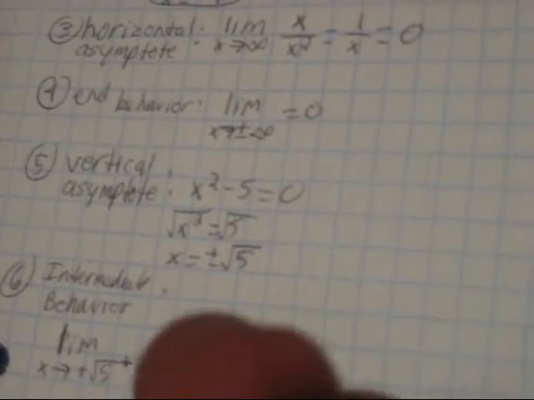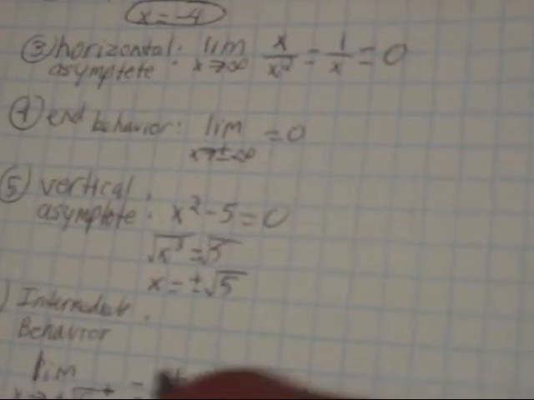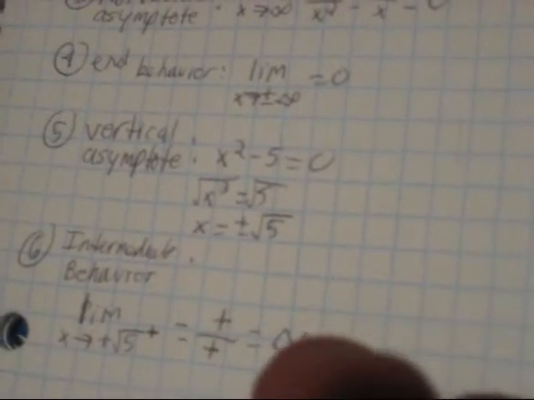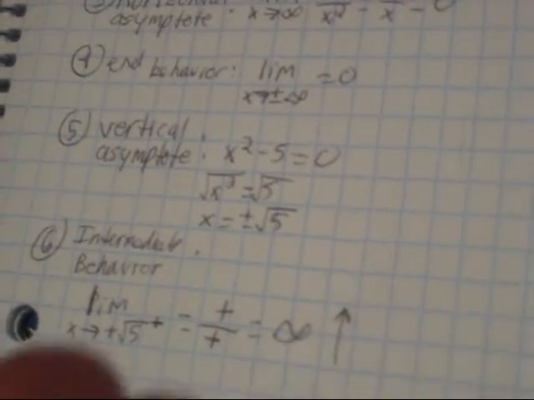When you plug radical 5 into the original problem for x, the top is going to turn out to be positive, as is the bottom, so that's going to be a positive infinity, which means the right side of the graph will be going upward.